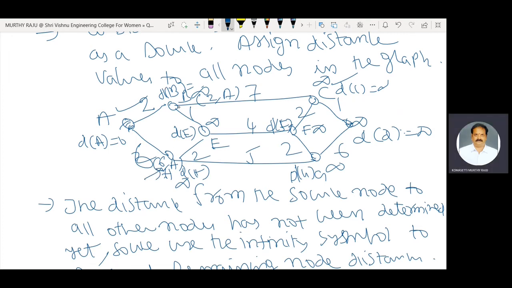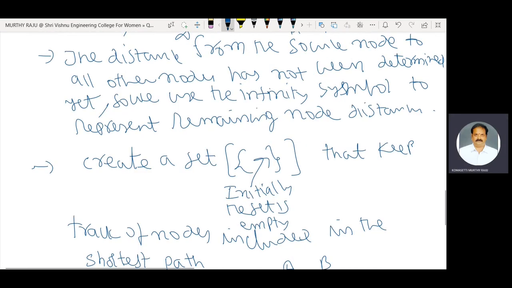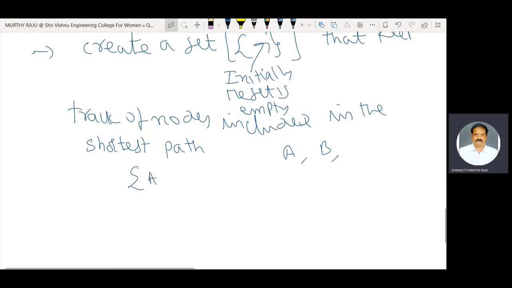This one is 6, A. This one is 2, A. In this fashion, you have to find out the distances. Now in this path, the H node is not chosen because the value is 6. The B node is chosen because the value is 2, and 2 is less than 6. Therefore, in that path, the A node and the B node are included. That means the set includes A, B, and so on. In this fashion, we have to determine the shortest path between the source node and all other nodes.